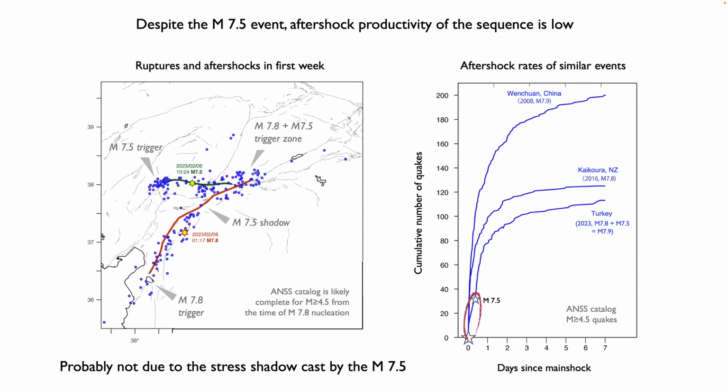So the 7.5, this phenomenon of the conjoined area of high stress, seems to dominate over the effect of the shadow. But whatever the reason why its aftershock productivity is low, it's good news. Because if the rate of small aftershocks is low, the probability of large damaging aftershocks is also relatively low.